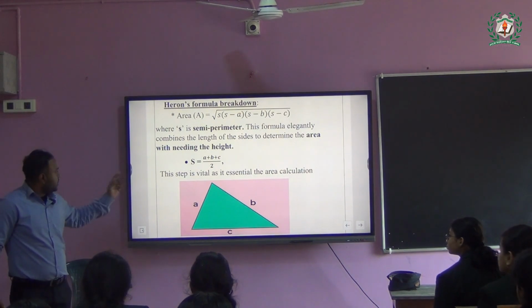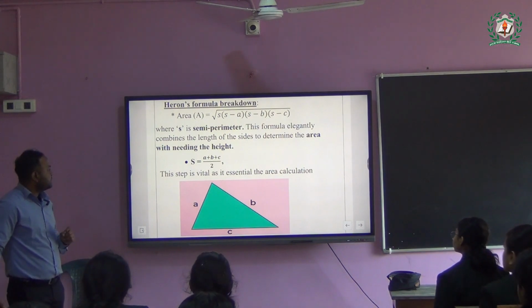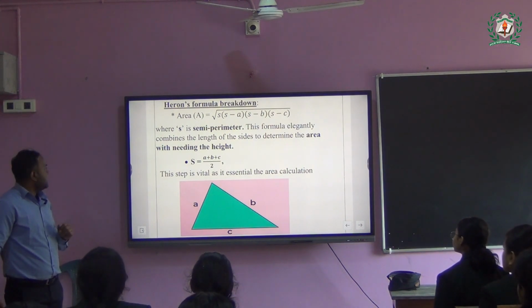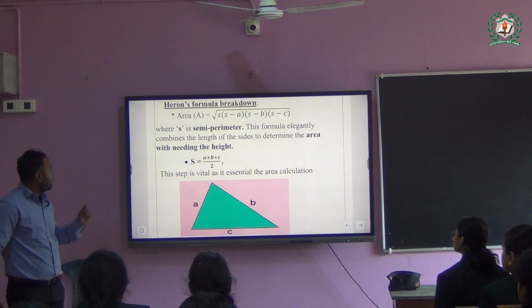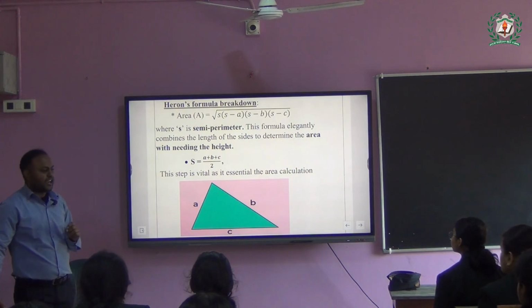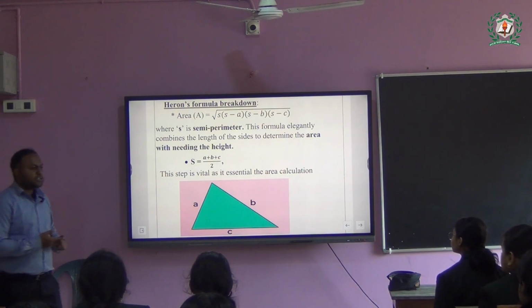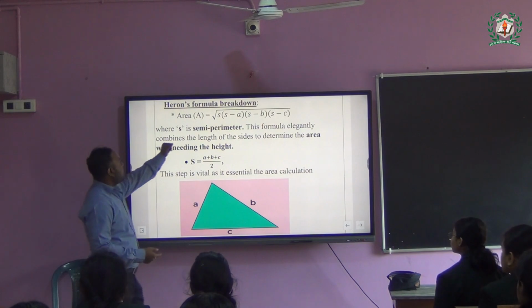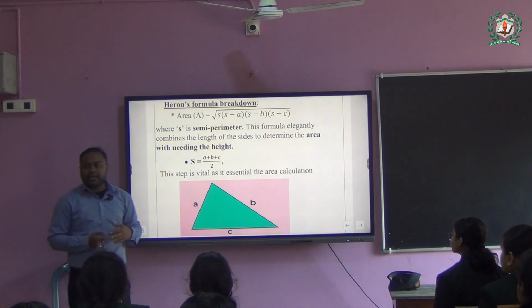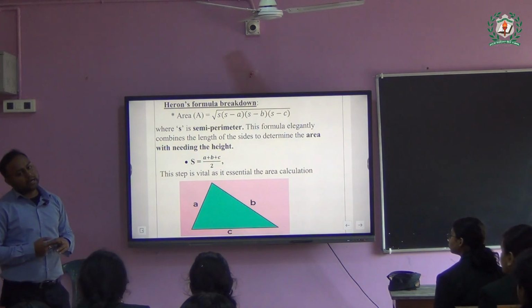Okay. So, S is the semi-perimeter. This formula elegantly combines the lengths of sides to determine the area without needing the height. Is that clear? So what is S? S is the semi-perimeter. The area is always denoted by capital A, and the short form is AR.